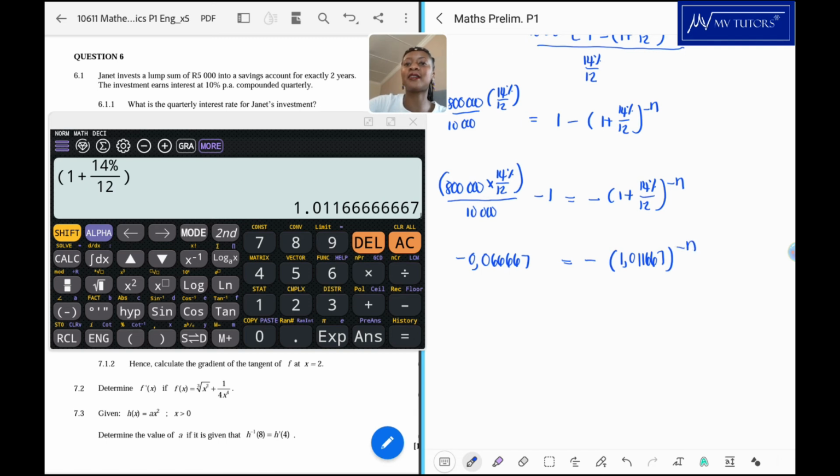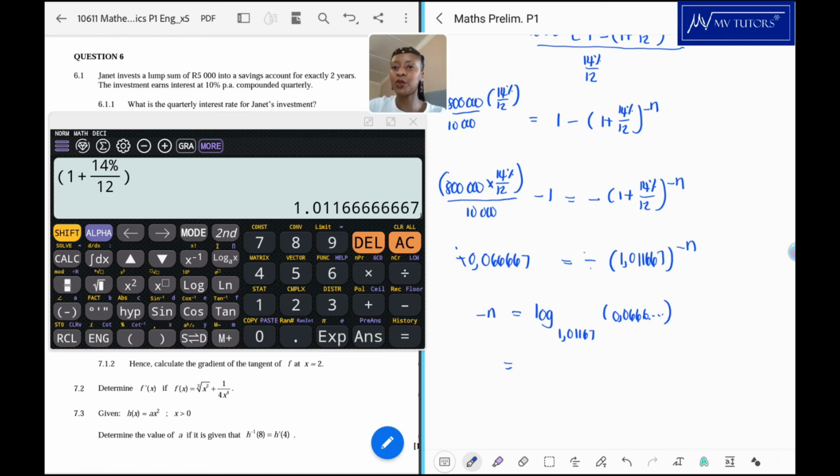And it's negative N. So the negatives are going to cancel out, and then I'm going to have to use logs. So now I have negative N is equal to log 1.011667 times 0.0666. Yeah, so let's get what the answer is.